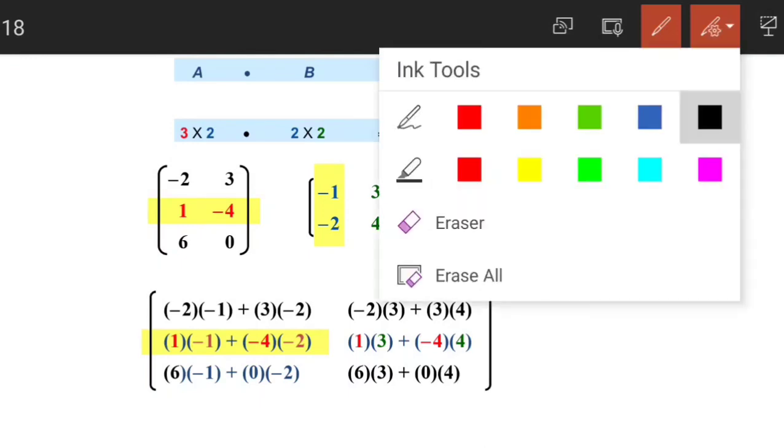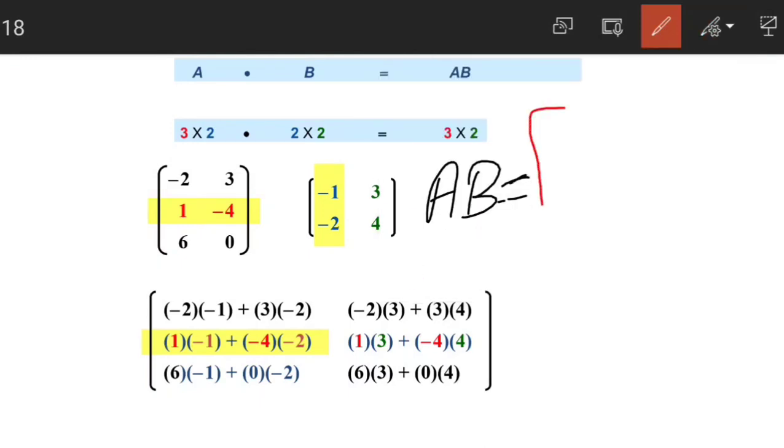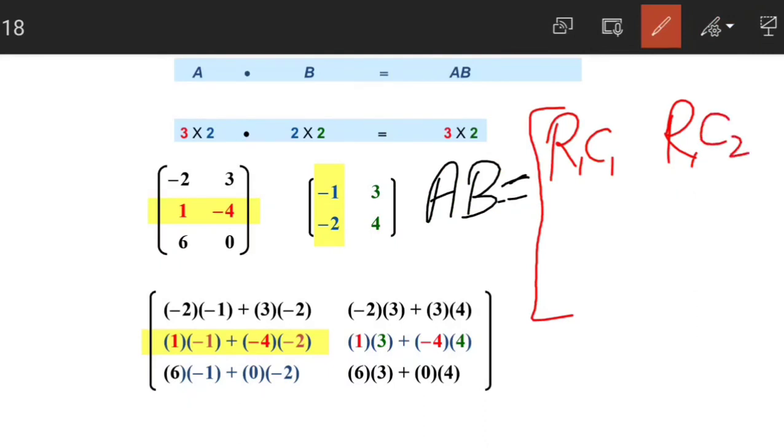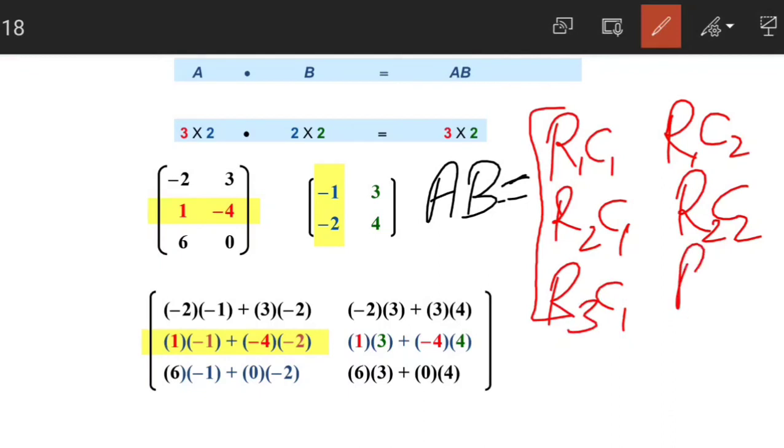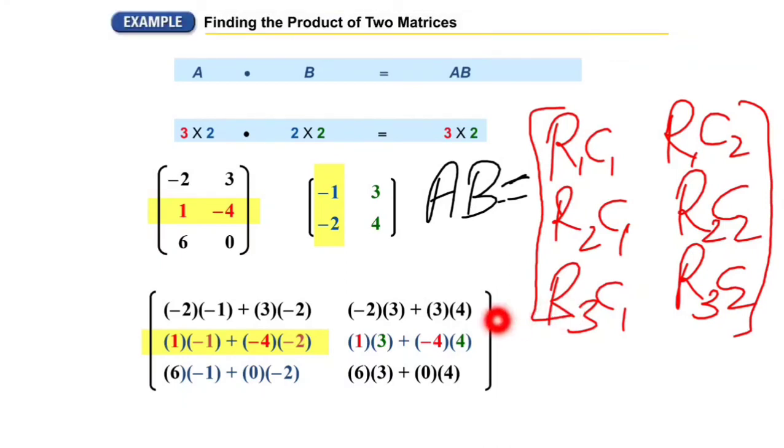AB is equal to R1C1, R1C2, next row is R2C1, then R2C2, next is R3C1 and R3C2. Now the next is the second row of the product.